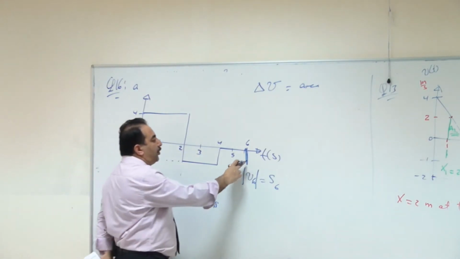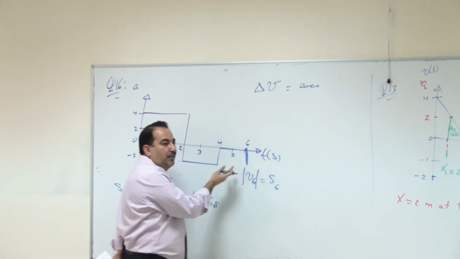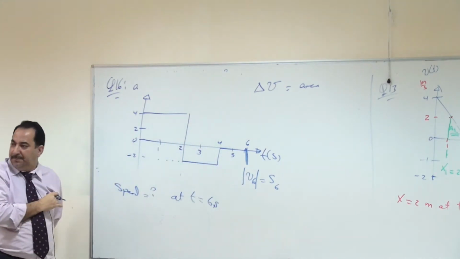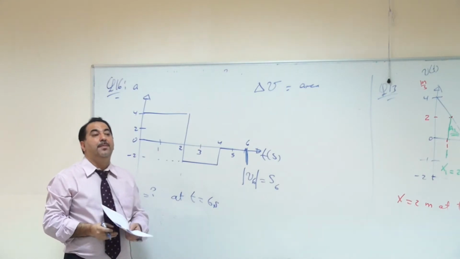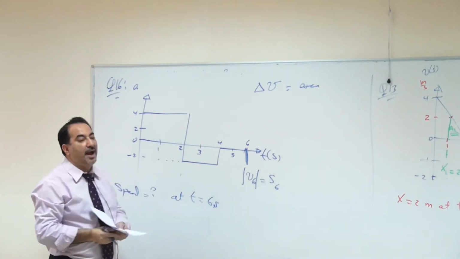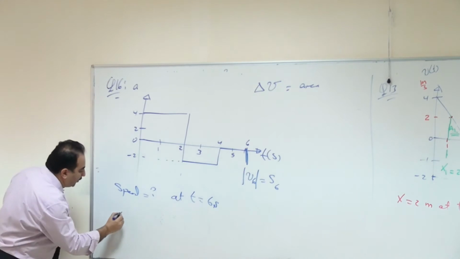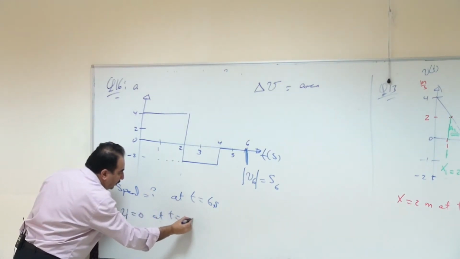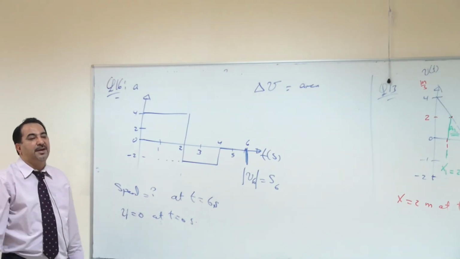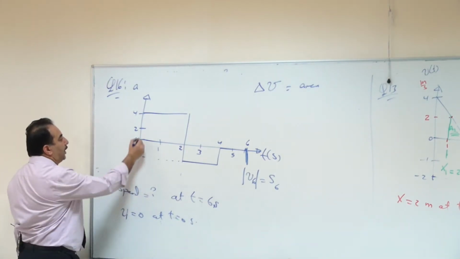Of course, if I want the velocity here at 6, I have to know another velocity or speed, yeah? What is mentioned here? A particle starts from rest. At what time? 0. So I know that V0 is 0 at t equal 0. So where is my starting area? Here.